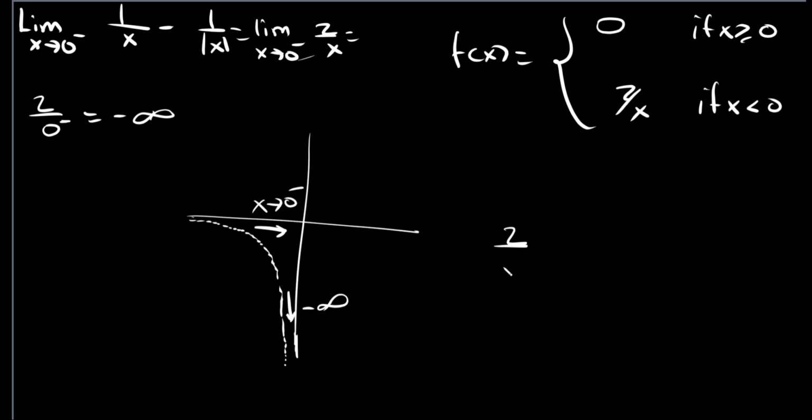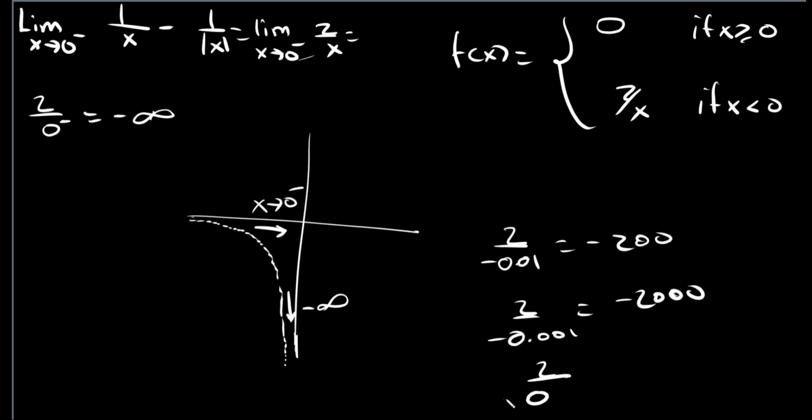For example, let's do minus 0.01. We're going to get something like 2 over minus 0.01, which gives minus 200. And if I keep getting closer to 0, I'm going to get minus 2000.